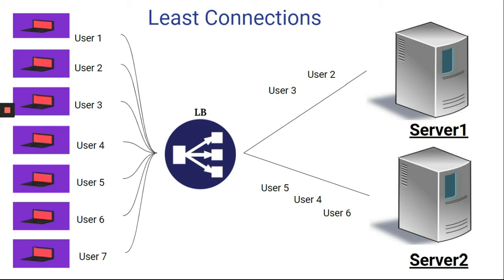This algorithm takes into consideration the number of current connections each server has. When a request is made, the load balancer will identify which server has the least amount of connections routed to it and assign it accordingly.